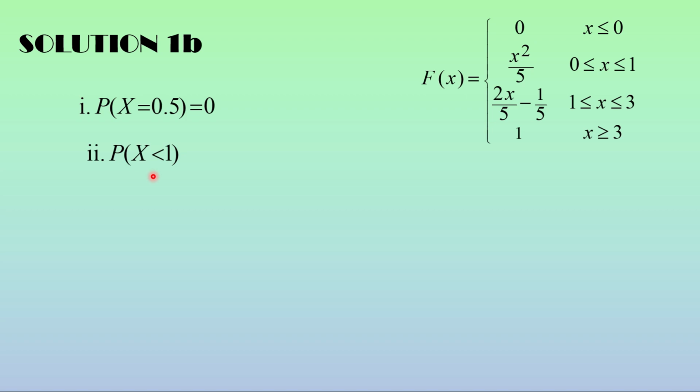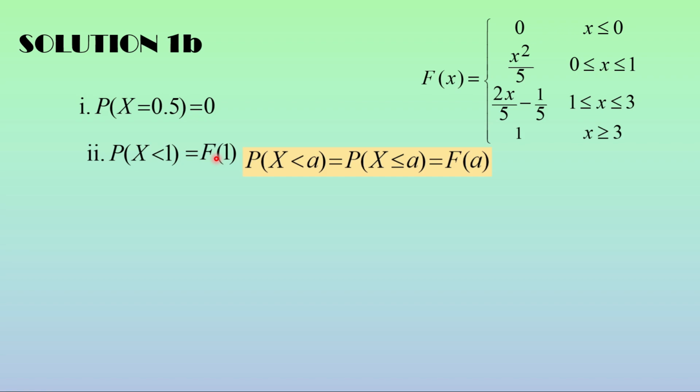Next, find the probability of x less than 1. Look at this note. Probability x less than a is equal to F of a. So the probability x less than 1 is equal to F(1). In order to find the probability, is it necessary to do the integration process that we have learned in lecture 3? No, CDF is actually obtained from the integration of its PDF.